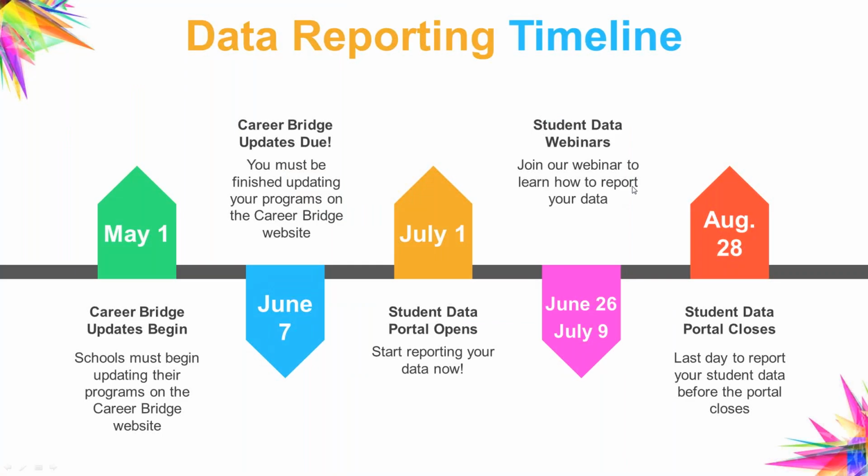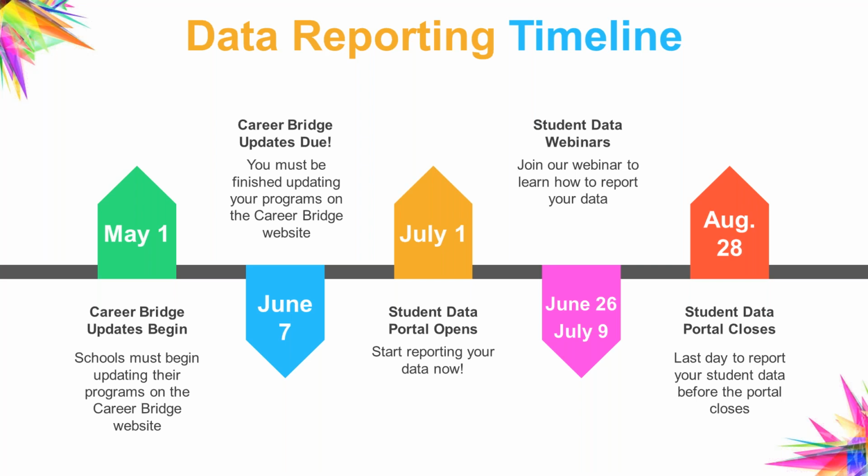Our timeline this year is a little different than normal. On May 1st, we started sending emails to whoever your CareerBridge registered user is. If you have no idea what that is, it's our separate website where you show up for people looking at the state's eligible training provider list. We have to make sure your programs are updated on that site first, because we take all the data from that website and bring it over to our student data portal.